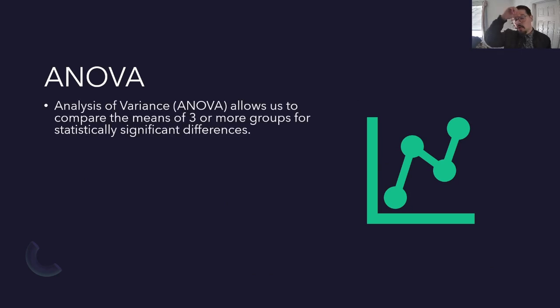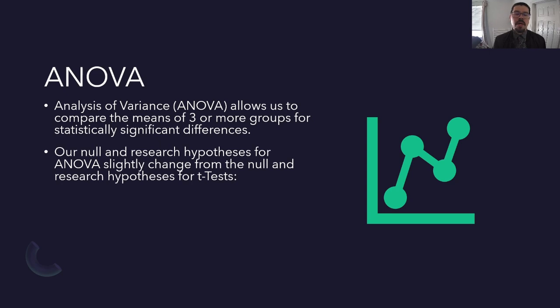So with ANOVA, because we are trying to compare the means of three or more groups, our null and research hypotheses are going to be modified a little bit from what we were introduced to with the t-test. So for the null hypothesis in our ANOVA, we are making the claim that all of our means are the same. So remember that the null hypothesis is saying that there's no statistically significant differences between our groups.